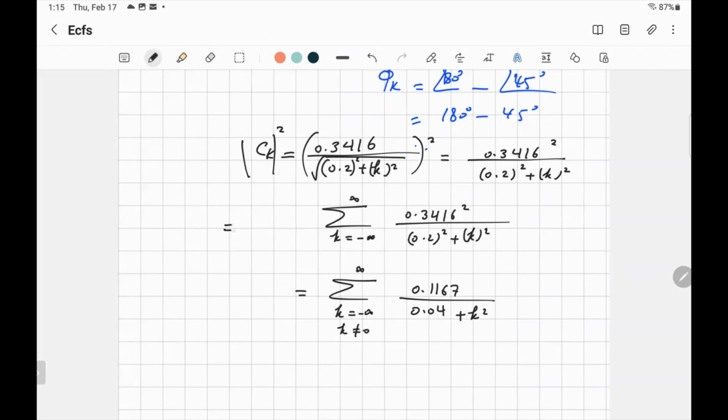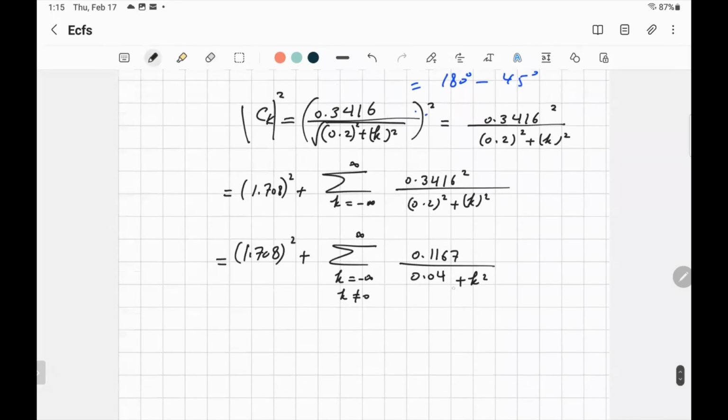So with the zero out, I have the magnitude of it, which was 1.708, and I just square it outside. It's better to separate. 1.708 squared.